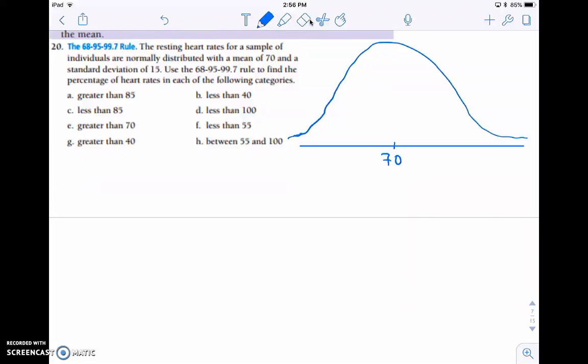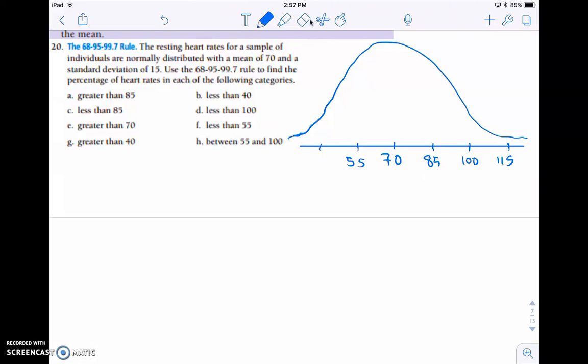So I've drawn a picture to the right here. It's not the best bell curve, but the center is 70 because that's the mean, and the standard deviation is 15. So if we go up one standard deviation in the positive, that's 85. If we go up 2, that's 100. And if we go up 3, that's 115. Now if we go below, we're going to subtract off 15.